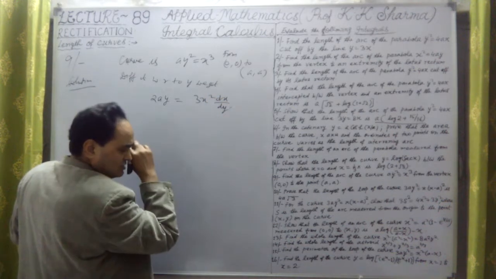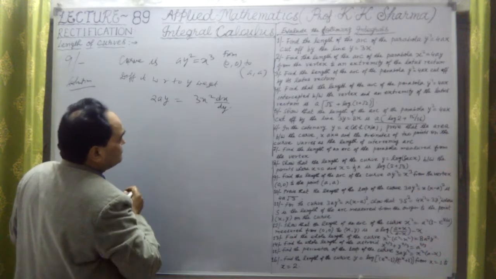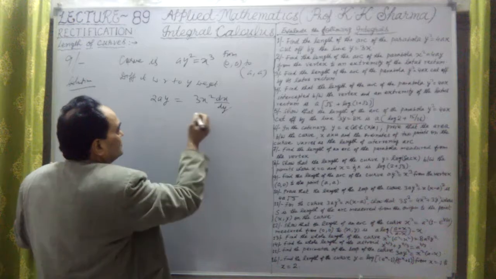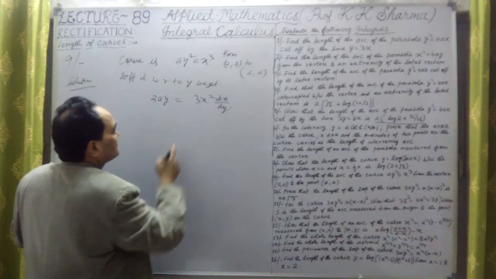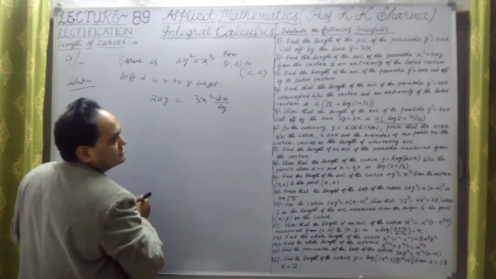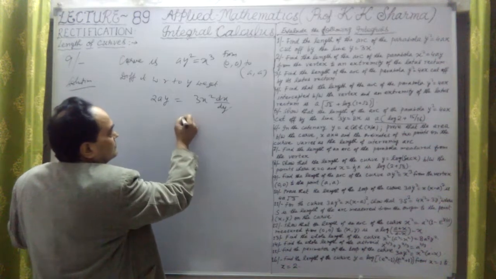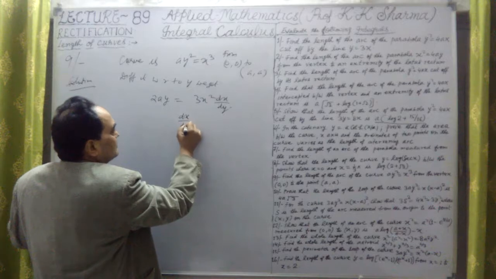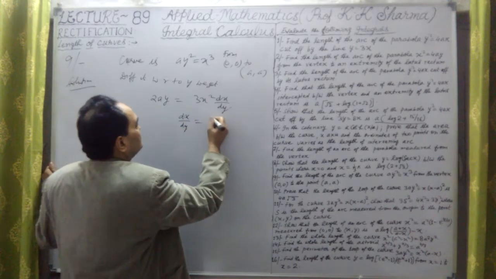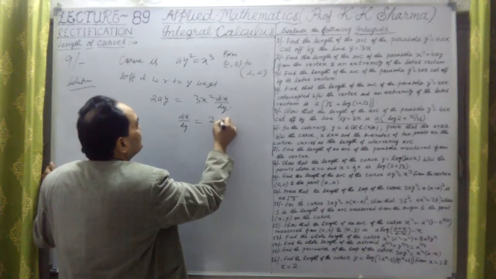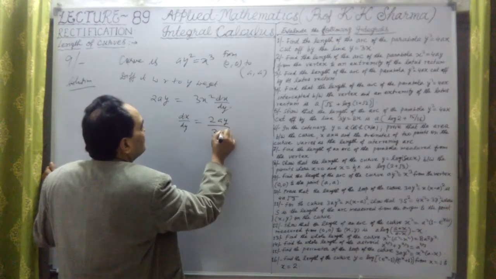We could also find dy/dx with respect to x; that is also possible. In both ways the answer will be the same. So dx by dy is equal to 2a y upon 3x square.